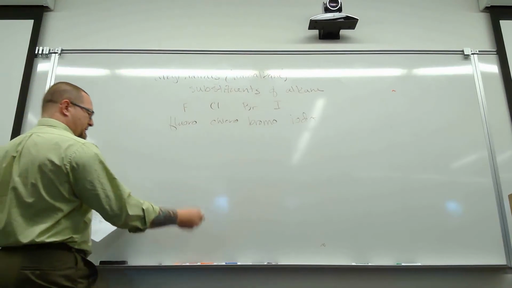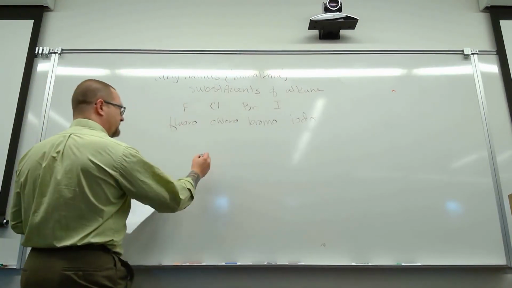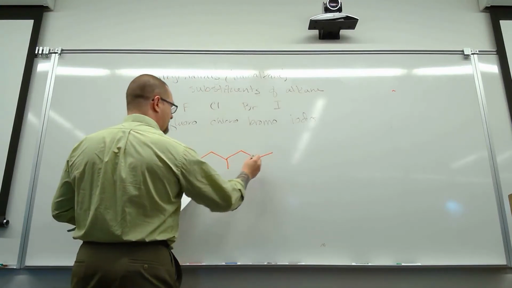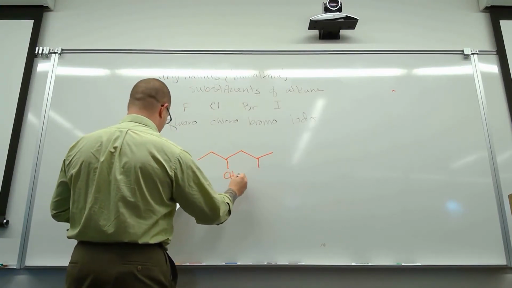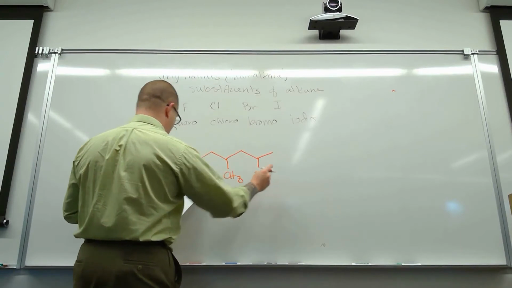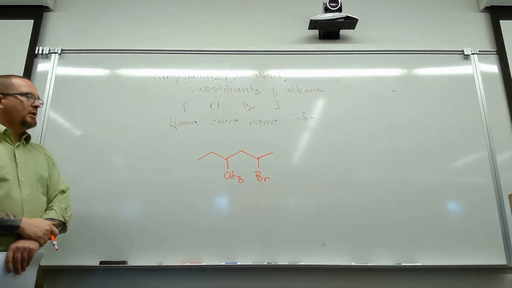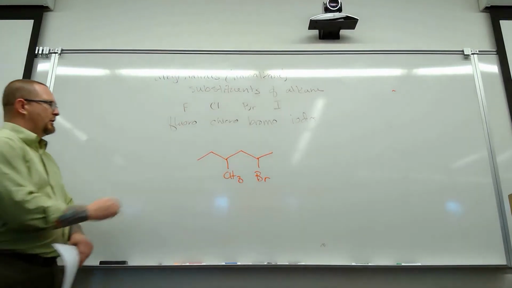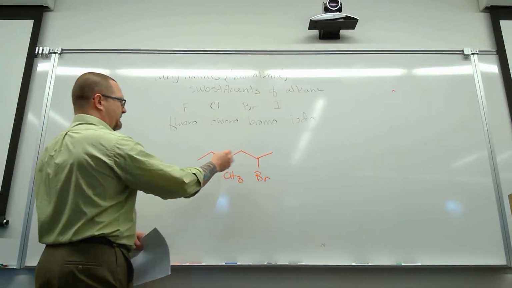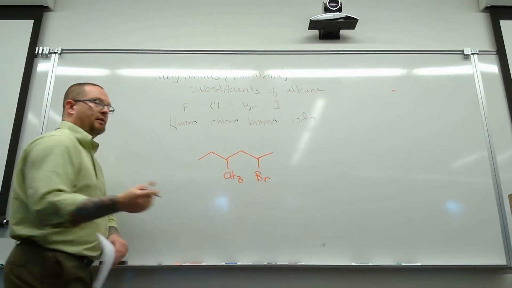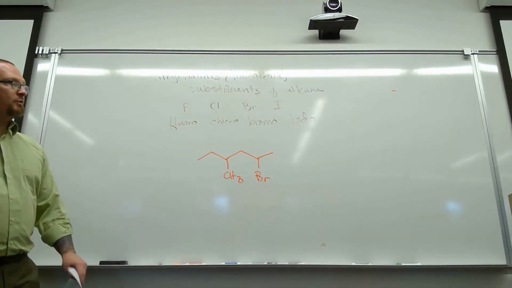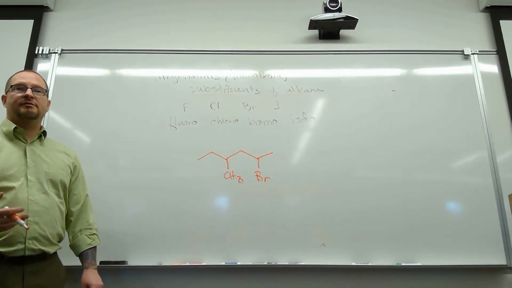So let's just do one. Okay, so we have a bromo group and we've got a methyl group on a 1, 2, 3, 4, 5, 6 hexane chain. What side do we number from, the right side or the left side?